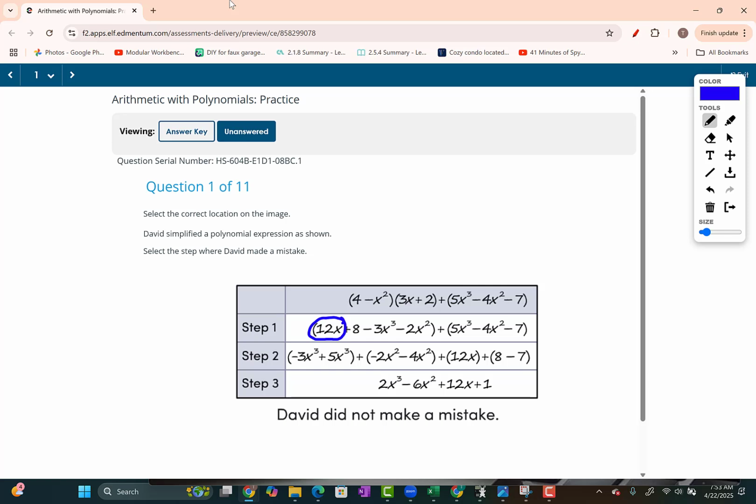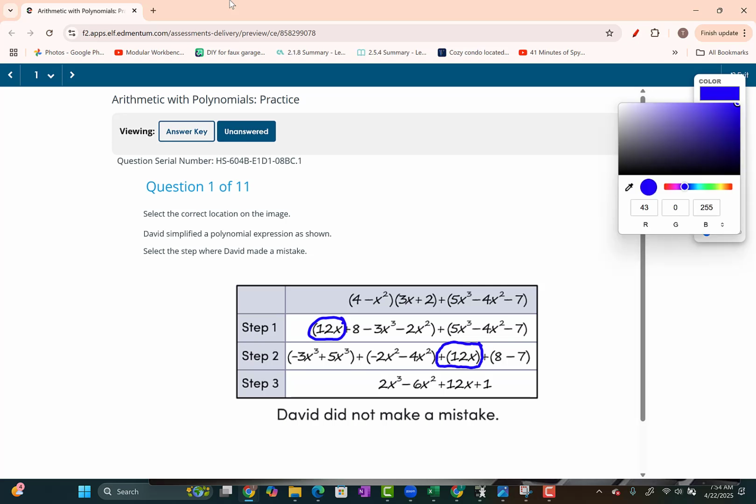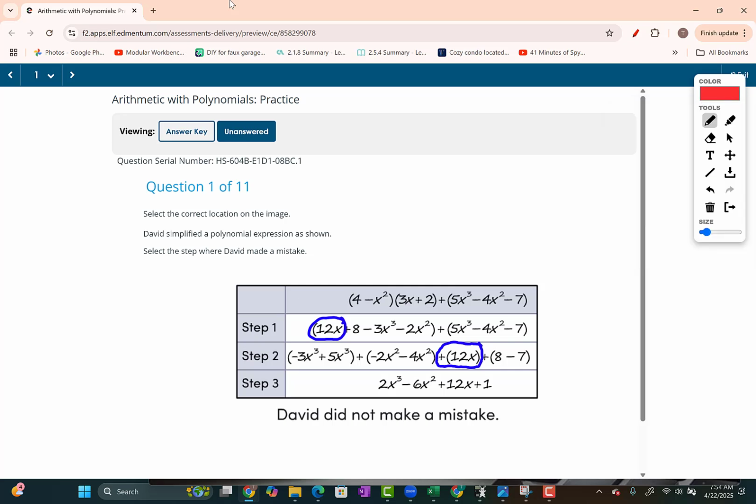No. And you'll notice in the next step, they've got the 12x right there by itself because there are no like terms. All right, switching colors. I've got a positive 8. And then I've also got a negative 7. Well, right here, we've got a positive 8 and a negative 7.